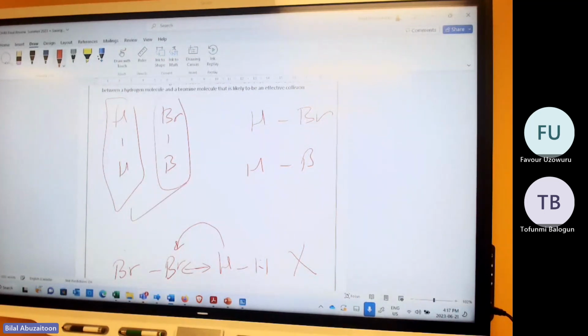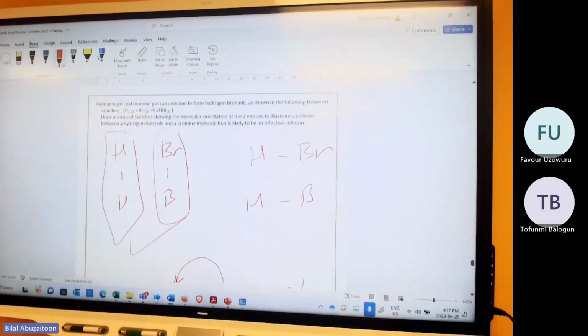So what to do in this question? How to draw the effective collision is this way. This is Br.